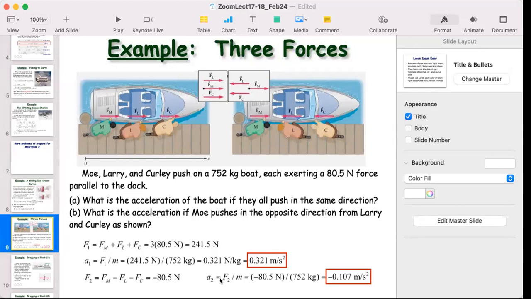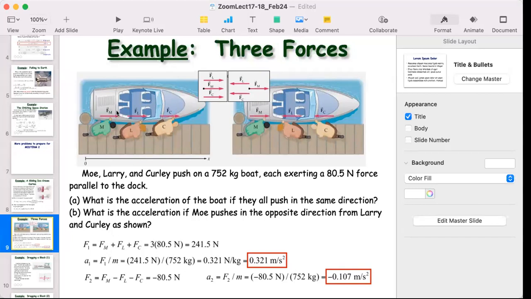So the acceleration is F divided by the mass, so minus 80.5 Newtons divided by the mass of our boat, which is still 752 kilograms. So we end up with an acceleration which is minus 0.107 meters per second squared. So it's important here, of course, that you keep the minus, right? You need to look at the problem and see that Mo pushes in the opposite direction from Larry and Curly.